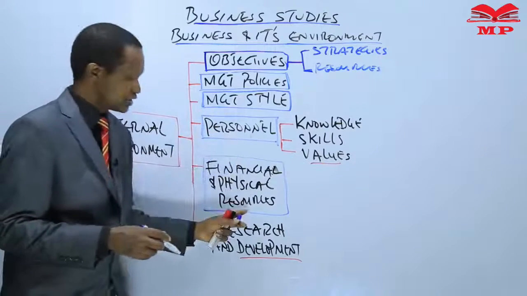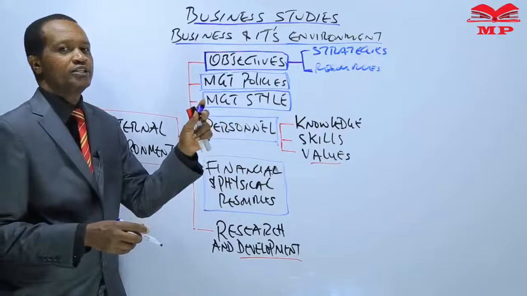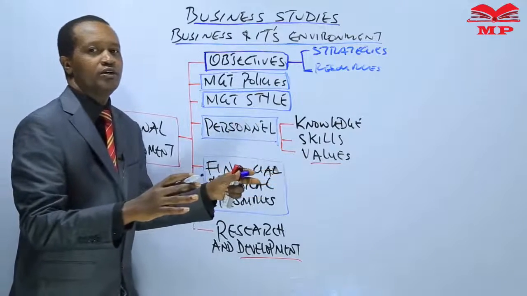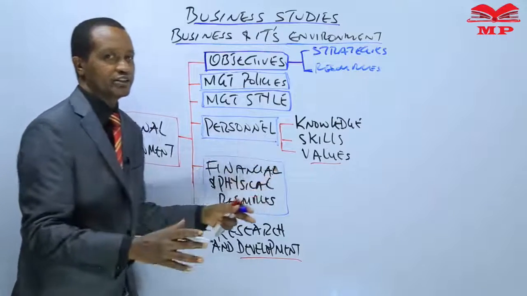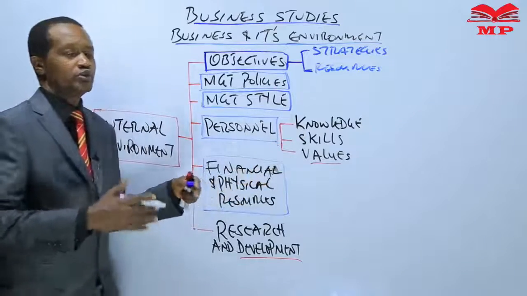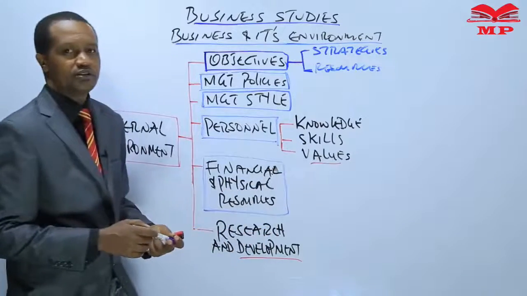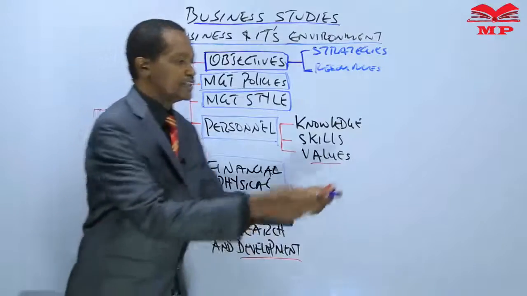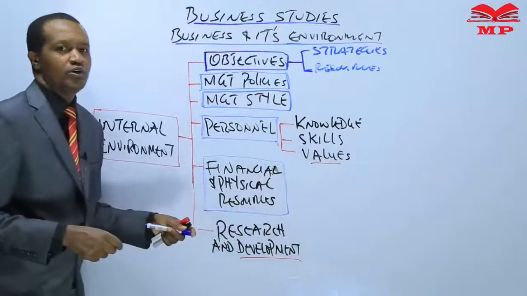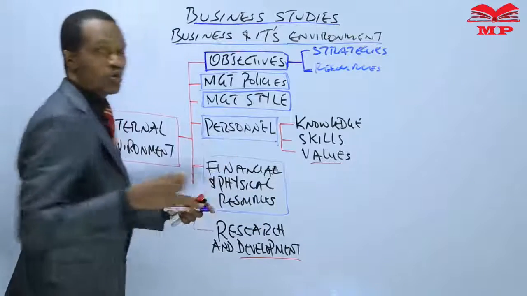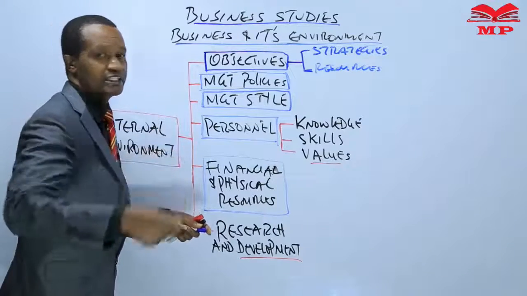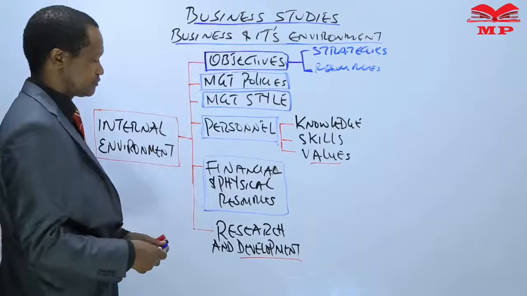Then we also say that under financial resources, a business must be able to combine the various resources such as finances and machinery and land to be able to run effectively. We said if these resources are not available or are difficult to acquire, then the business may not succeed in achieving its objectives.